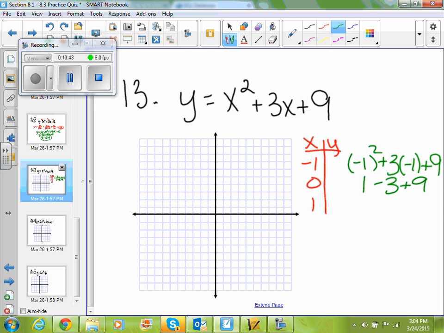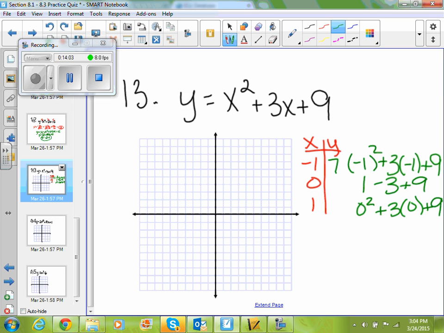Okay, what's 1 minus 3? Negative 2. Negative 2 plus 9 is 7. So negative 1, 7.